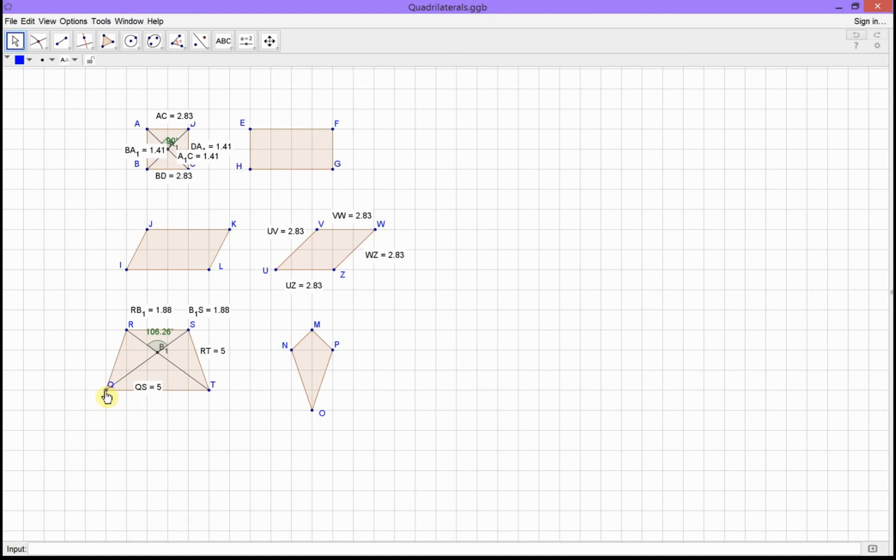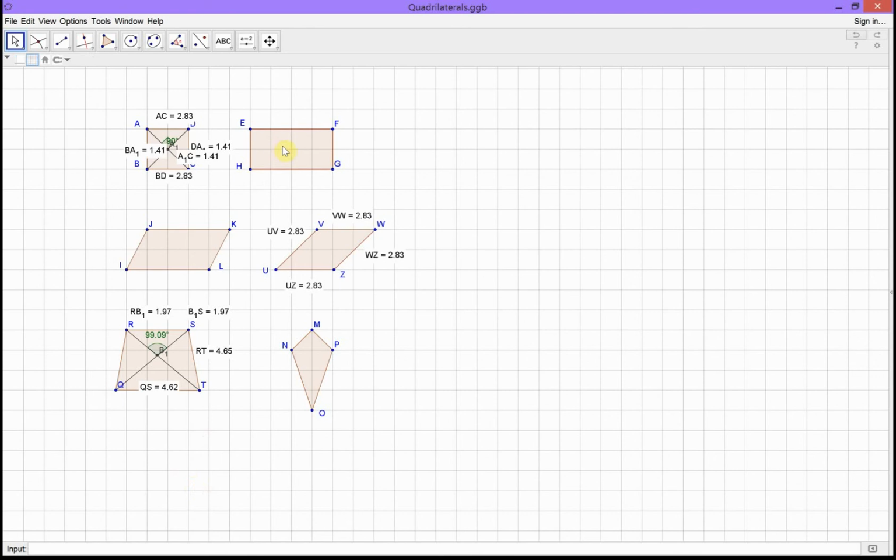So if it was an isosceles trapezoid and not a square, then it wouldn't cross at a 90-degree angle. But notice how had I been given a trapezoid that was starting to get close to a square, it may have been hard to tell just by looking at it, so it's good to be able to measure it.